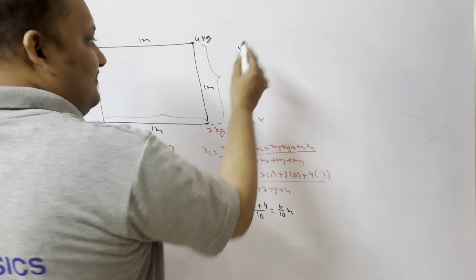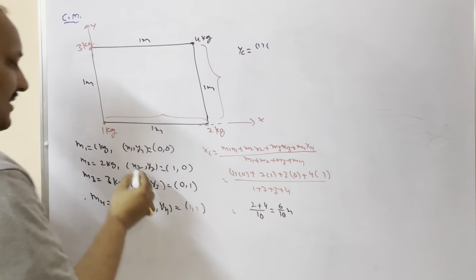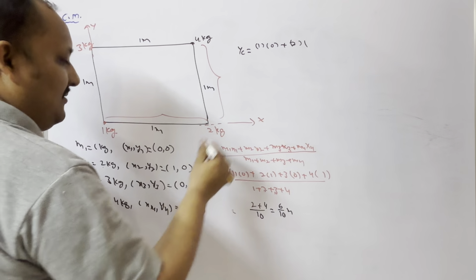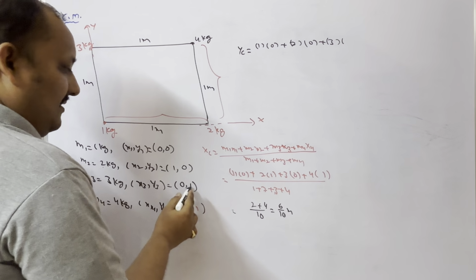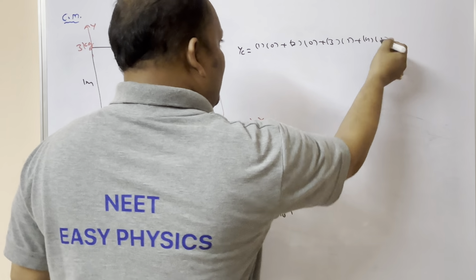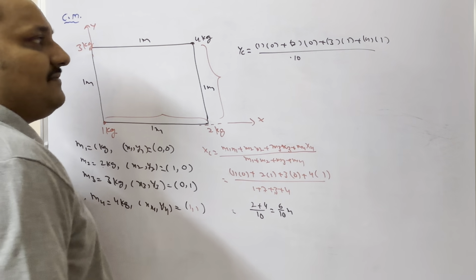Then YC: m1 y1, directly I am writing the formula. m1, what is y1? 0. Plus m2, what is y2? 0. Plus m3, y3 is 1. Plus m4, 4 into, that is also 1. Divided by the denominator 10, because 1 plus 2 plus 3 plus 4.